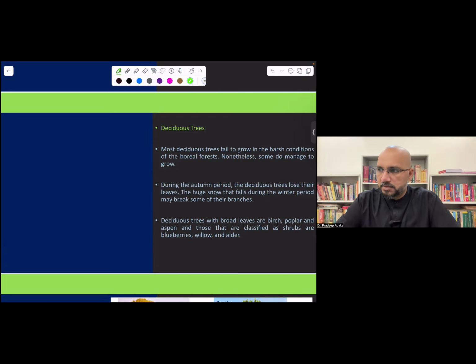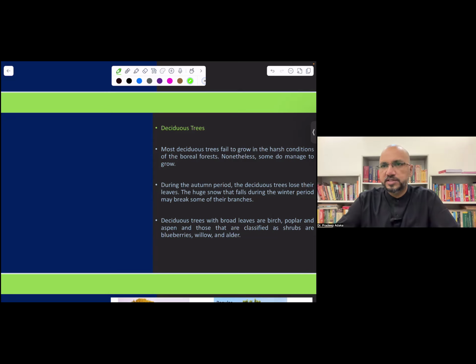But overall the forest is evergreen, because the majority, the dominant group, is conifers. Here and there you will have deciduous trees also. They are less in number, so they are not the characteristic species.